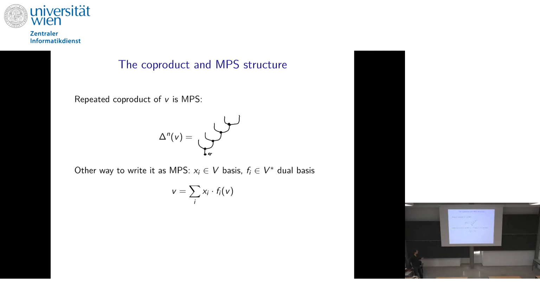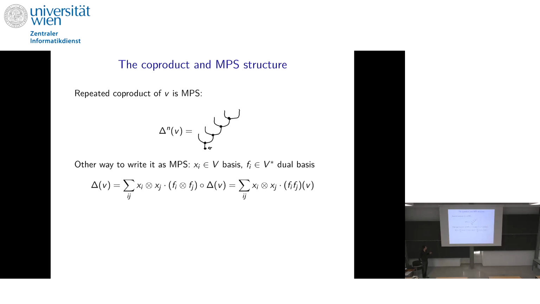For that, let us choose a basis of the coalgebra, and let f_i be the dual basis, the basis elements of the dual of the vector space. Okay, so if you have a basis and a dual basis, then any element can be expressed like this. It's not magic. But you can do the same thing with the coproduct of the vector.